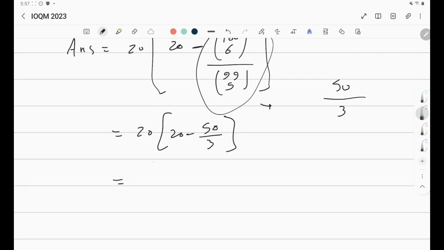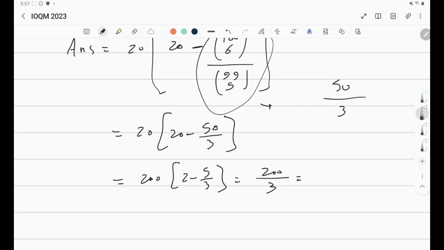We can take the 10 outside, so this is 10 times (2 minus 5 over 3), which is just equal to 10 over 3. Sorry, it should be 10 over 3, and we cannot simplify this anymore.